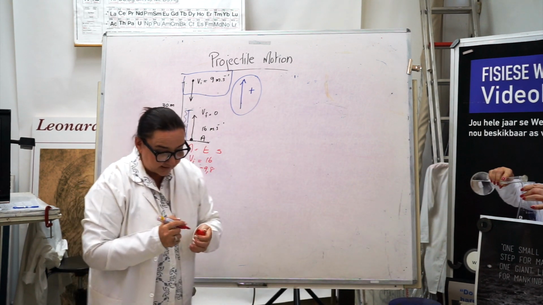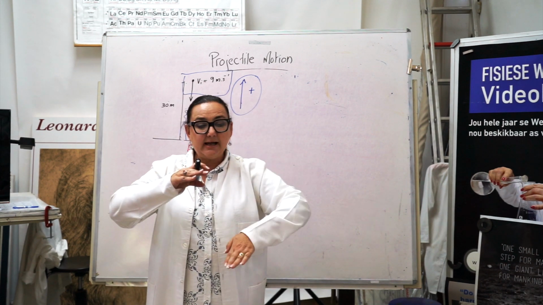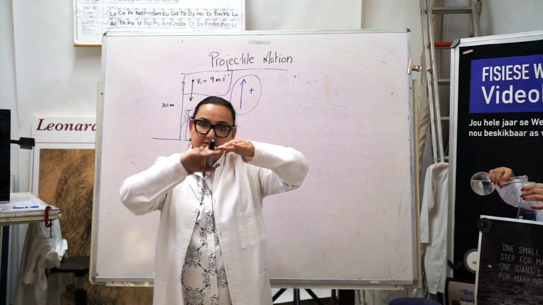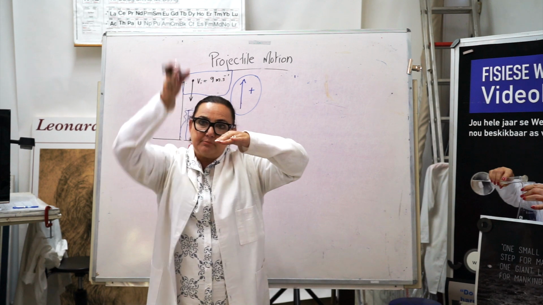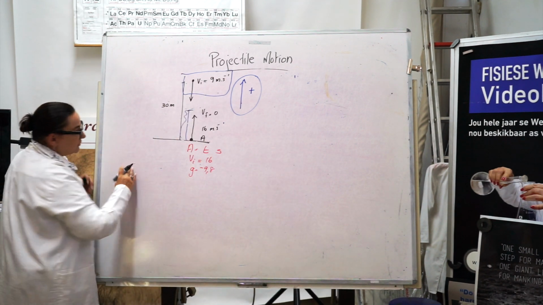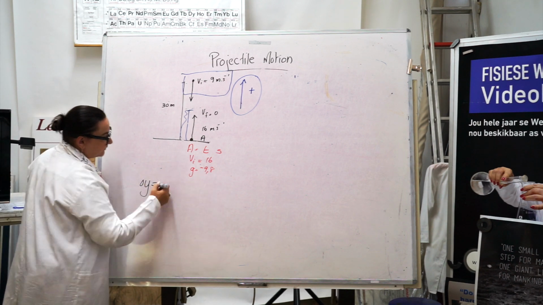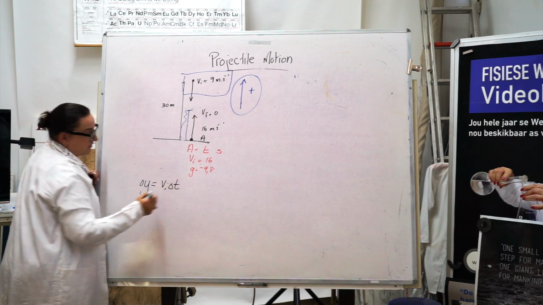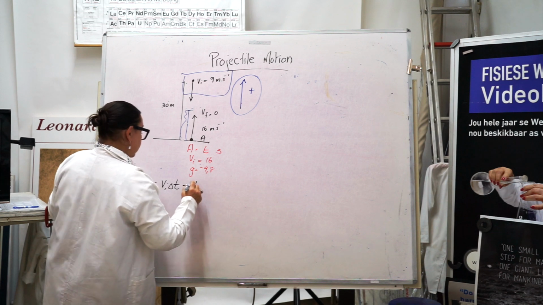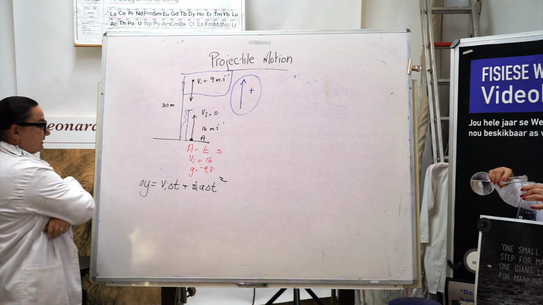Now let's go back to our movement just of A. Let's say A is going to travel up to a certain point in a certain time when B is exactly passing it. Alright, so I'm going to use the formula that says delta y equals v initial delta t plus... great.